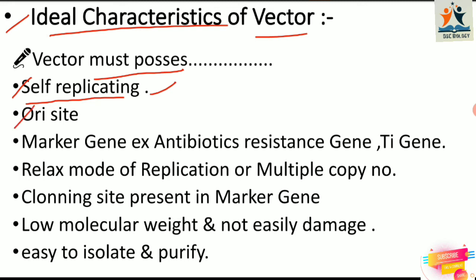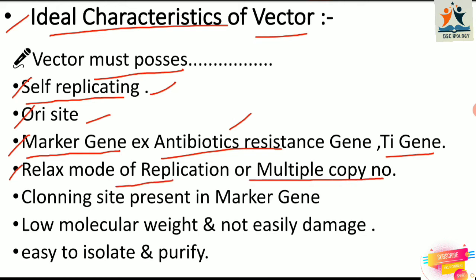Next, they have an origin site from which DNA replication starts. Next, they have a marker gene like an antibiotic resistance gene. Next is a relaxed mode of replication, or multiple copy number.